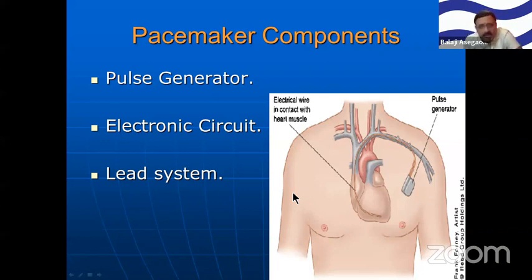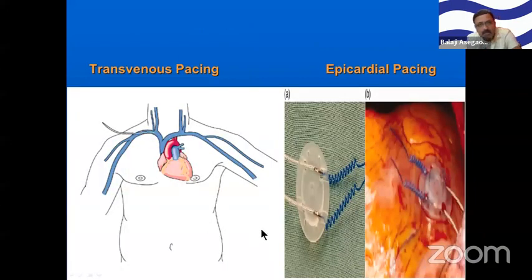Now, basically, a pacemaker has 3 components. One is a pulse generator, which generates all the rhythm. The generated rhythm is conveyed to the heart through an electric wire. And there is a contact point, or electrode, which communicates with the heart. Now, there are 2 types of pacing modes.